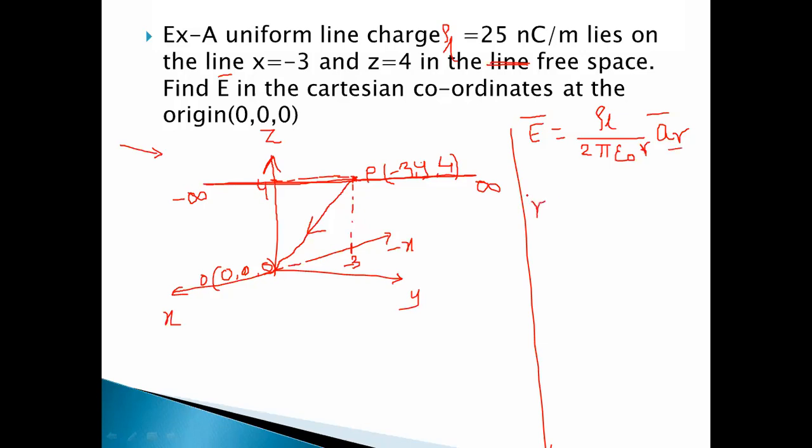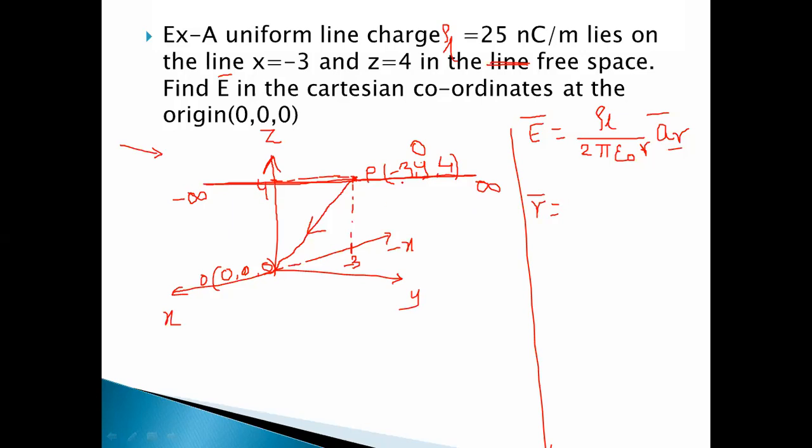So first we find this vector r bar. End point is origin, start point is P, right? Here we consider the constant component as 0 because the coordinate is not given here, and the line is parallel. Remember this: when solving such examples, wherever the line is parallel, we consider that component as 0 only.